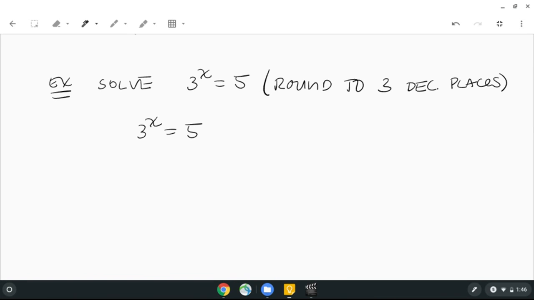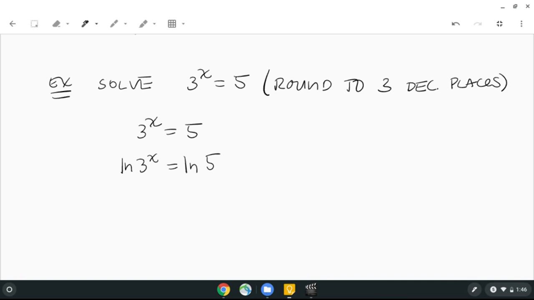So again, the exponential is by itself, so I can go ahead and take the log of both sides. And then just to show you, I'm going to use ln this time to show that it doesn't really matter which log you use. Okay, so I'm going to use ln. So I'm going to take the natural log of both sides.